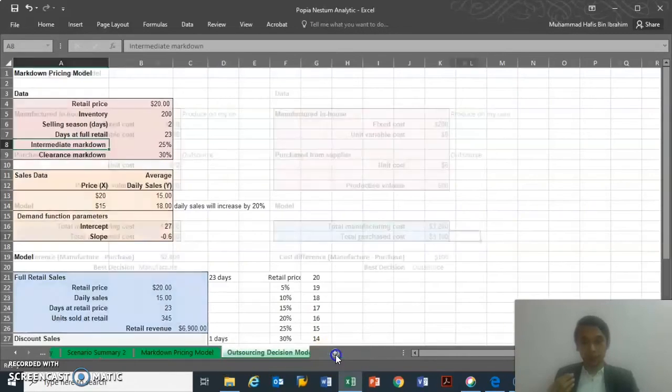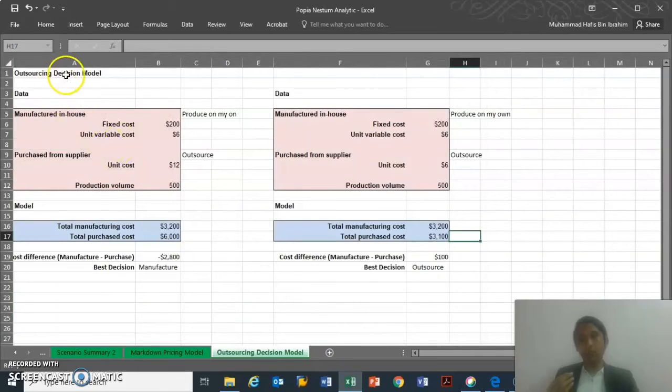So the last part is the outsourcing decision model. This is manufactured in-house, which is I produce on my own, and this is purchased from supplier if I purchase from other supplier, outsource. My fixed cost is 200 ringgit. My unit variable cost is 6 ringgit.